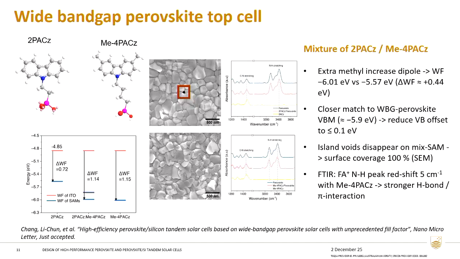In the meantime, the use of this SAM mixture allows us to achieve a more uniform hole transport layer and increased wettability, so that we also achieve even better perovskite films.